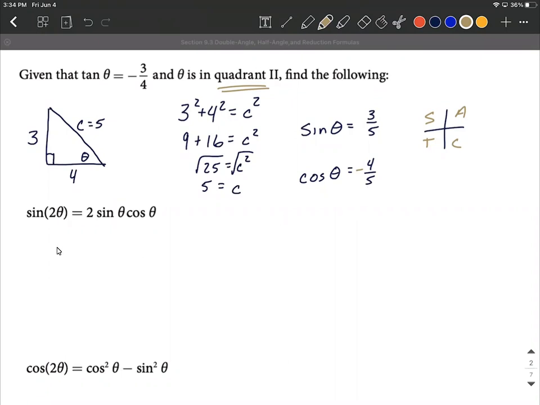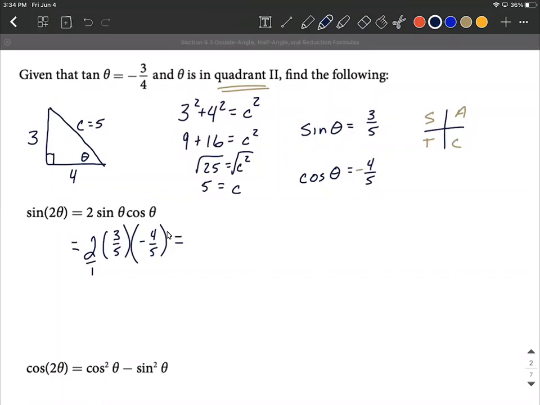All that remains now that we have sine and cosine is that we just need to fill into these formulas. It won't take long at all. Here we have 2 times sine of theta, 3/5, and cosine of theta, negative 4/5. A little reducing down here. I'm going to visualize that as 2/1.